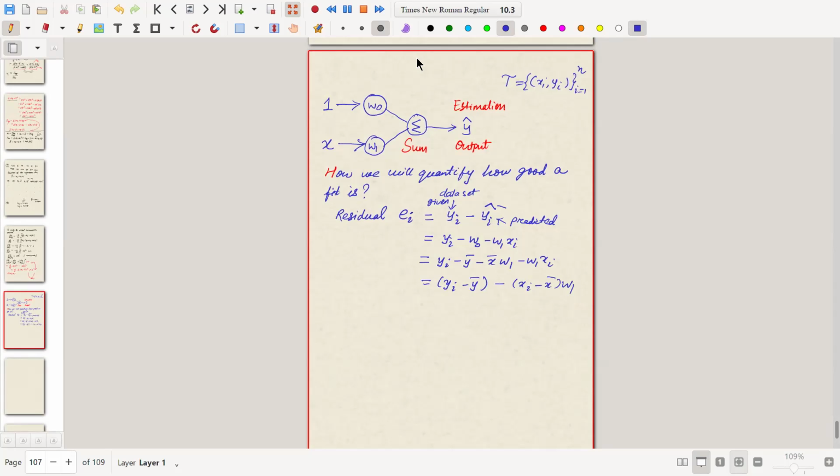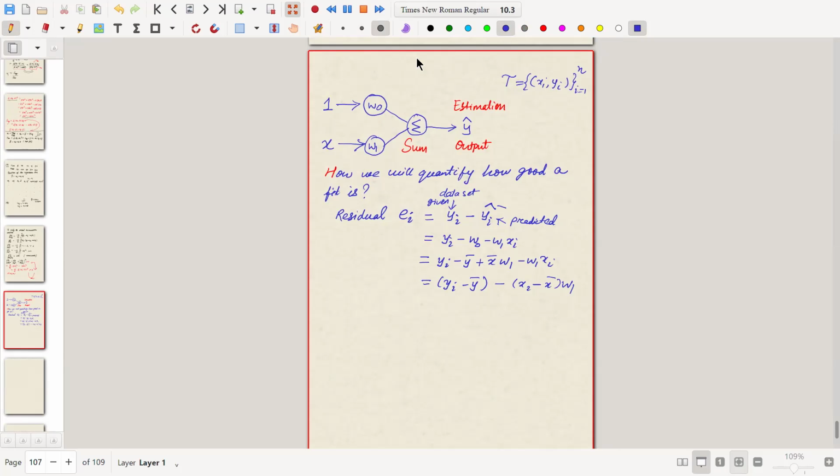Correct. x_i minus x bar, plus minus y bar plus x bar w_1, and minus x_i w_1, and minus x_i w_1 we have.